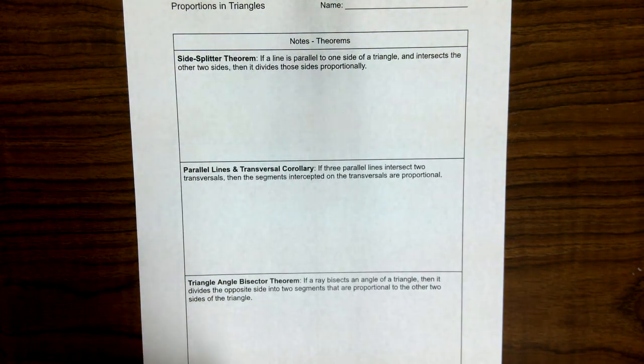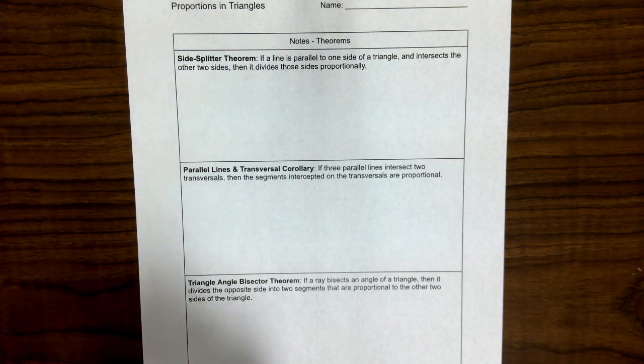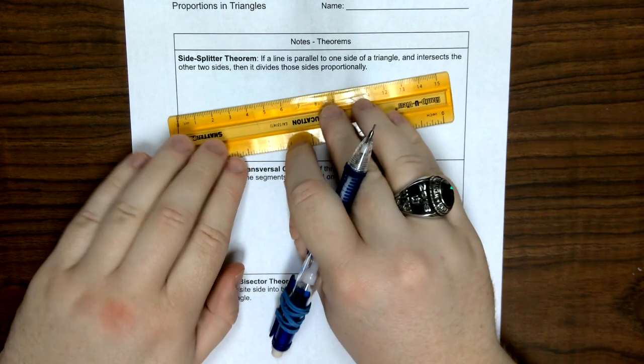So side splitter theorem says if a line is parallel to one side of a triangle and intersects the other two sides, then it divides those sides proportionally. And so let's just make a triangle here.